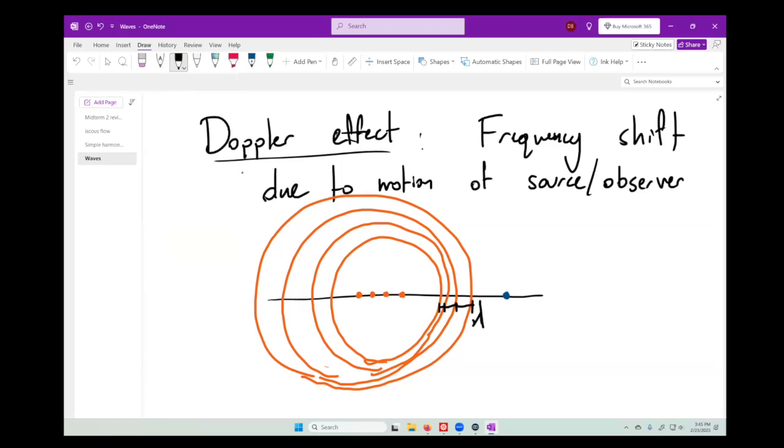Imagine that I drew this better and these were all equally spaced. These are each the wavelength, right? And this is the wavelength over here. So in the direction the source is moving, we get a smaller wavelength. And in the direction the source is moving away from, we get a larger wavelength.